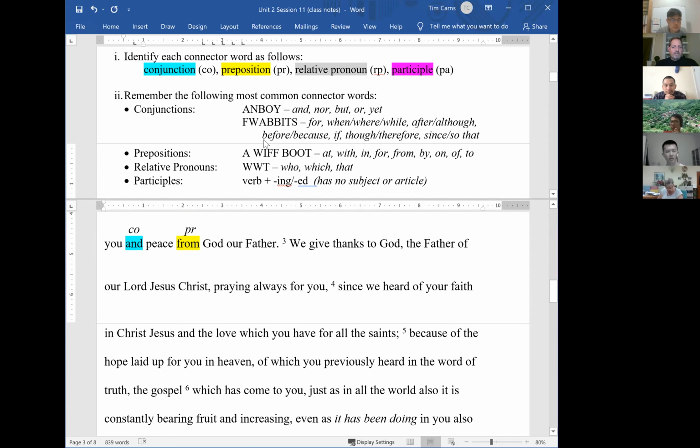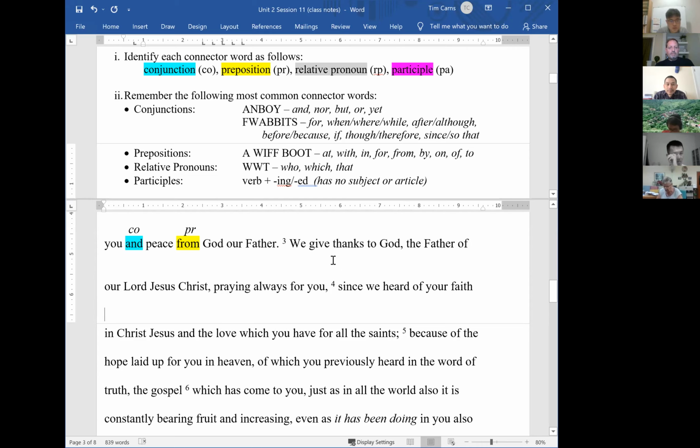So my suggestion is just, again, look for these common ones as you're going through the verse, and you'll probably capture most of them. So Paul, why don't you go ahead and get us started? You can read the verse and then just identify the prepositions you see, or the connector word you see.